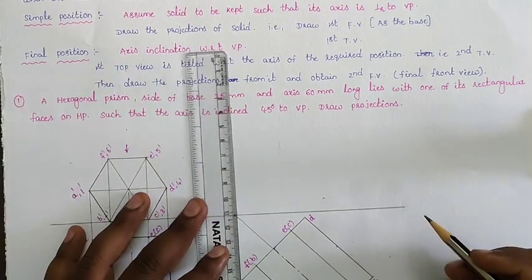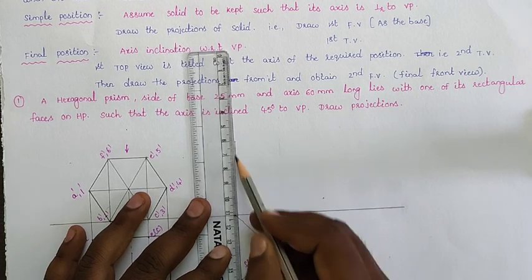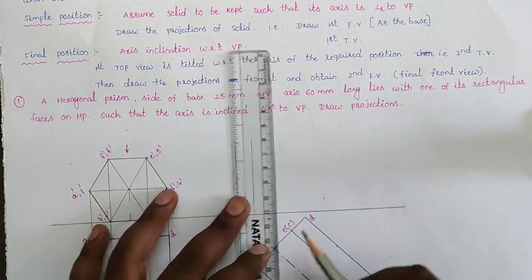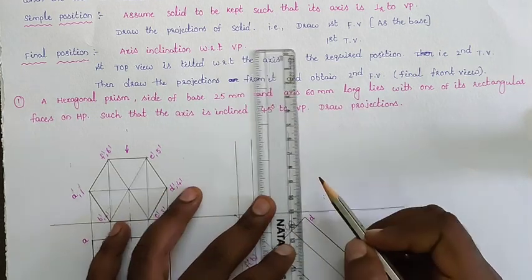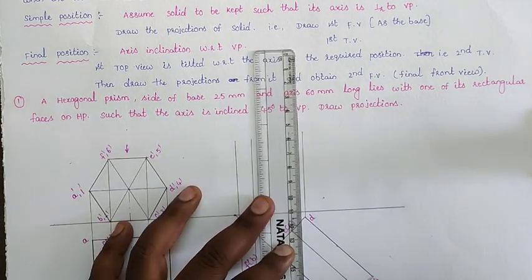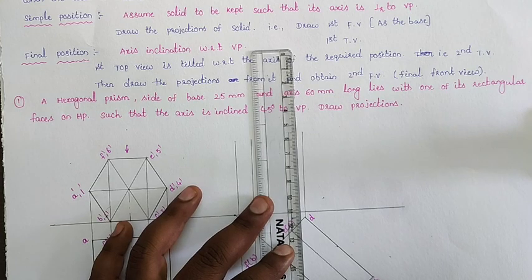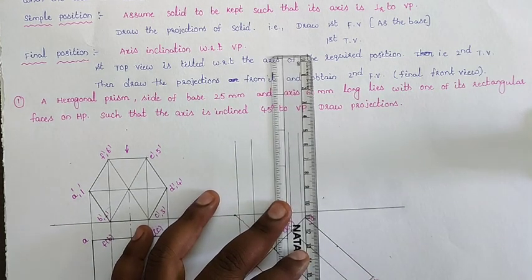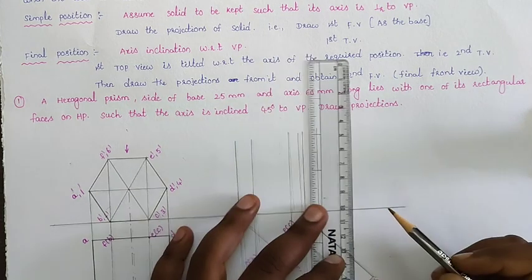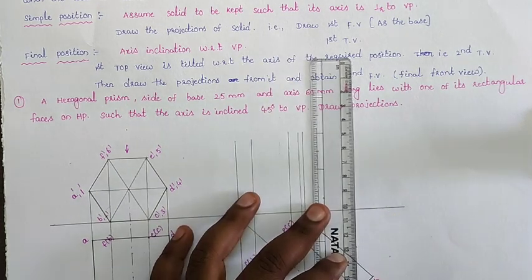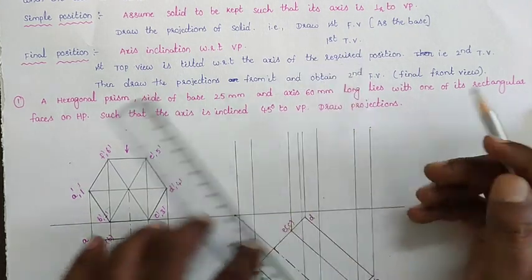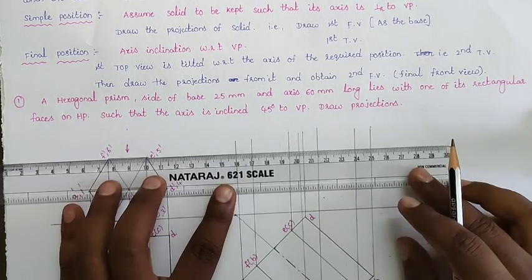After drawing the second top view, we project the vertical projection lines from the points on the second top view. From all the points on the second top view, we will draw the vertical projection lines. Similarly, from the first front view, draw the horizontal projection lines.